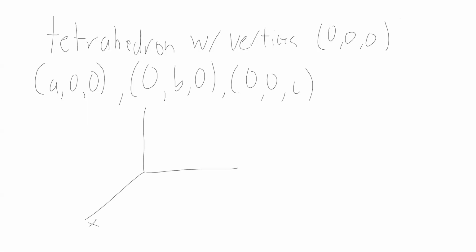So basically, what these types of tetrahedrons are is, you take the coordinate planes and those form the sides. And then the other side is the piece of a plane which goes through (A,0,0), (0,B,0), and (0,0,C).